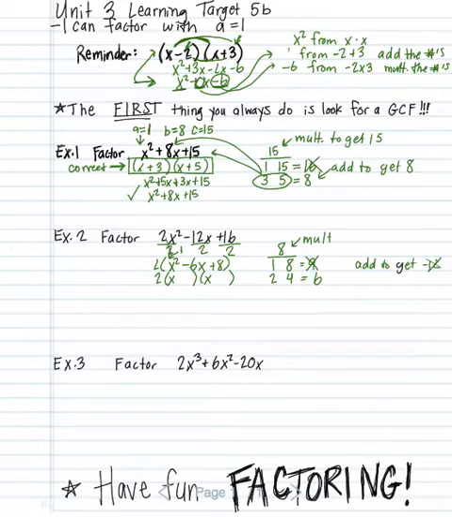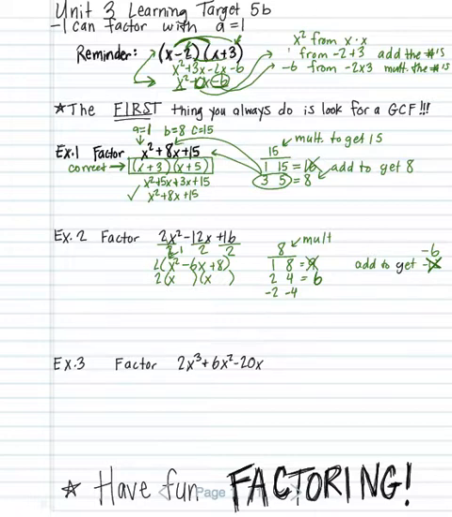Combine our like terms to get x squared minus 6x plus 8, which looks like this line. Then if we distribute our 2, we're going to get 2x squared minus 12x plus 16, which is what we originally started with. So this is our final answer.